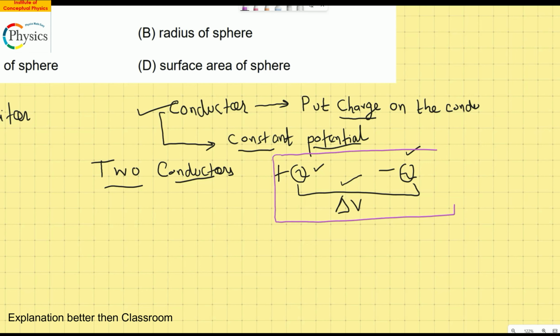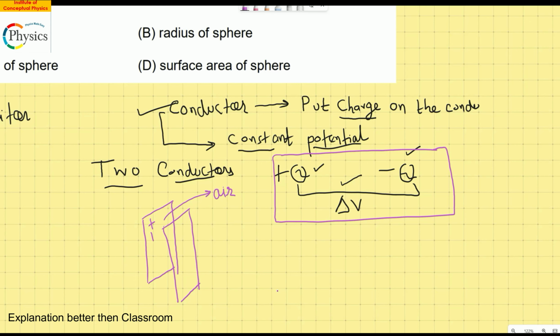Now the easiest one that you study in your class is the parallel plate capacitor, where you have two conductors again. They are separated by some medium. Let's say, for example, in this Bihar board question, the intermediate space between the two plates is air. These two conductors have charges.